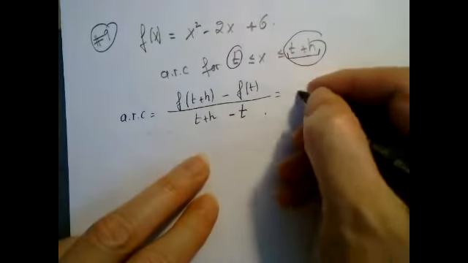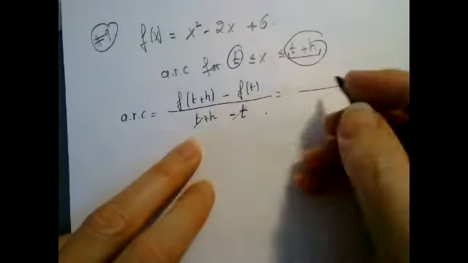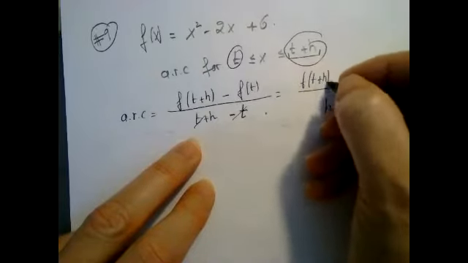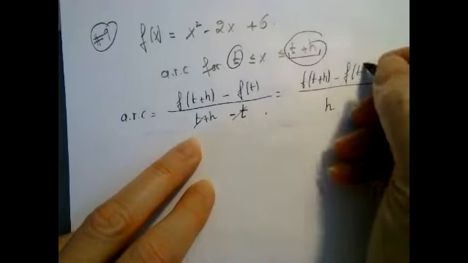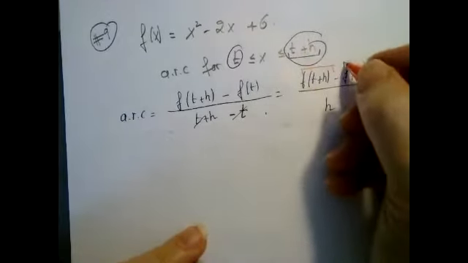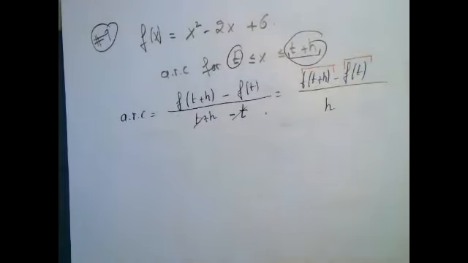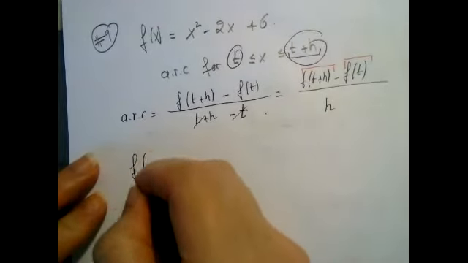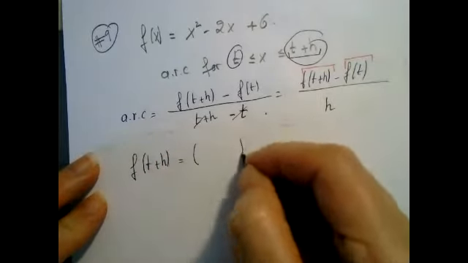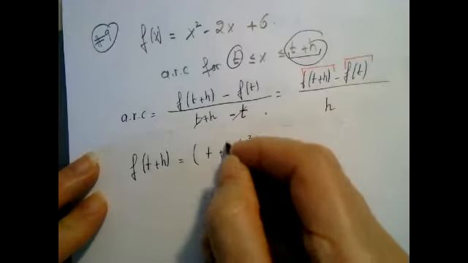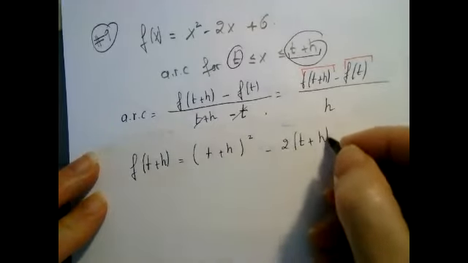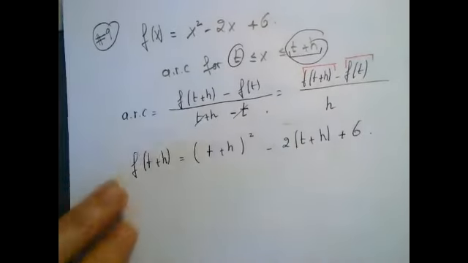Now, this is equal to, t minus t leaves me with h. And now here I get that. Now I'm going to take each expression by itself and evaluate it and see what I get. So f of t plus h is, again, what we did a minute ago. I hope that's the last one I do along those lines. Plus 6.